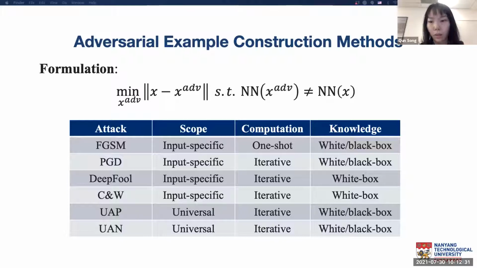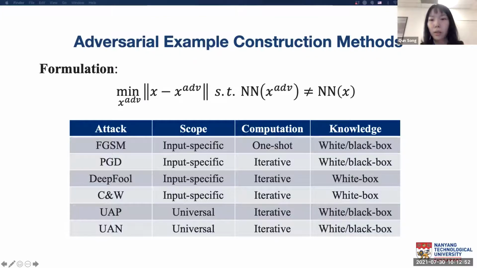The last column shows the knowledge about the target model required by the attack construction. The white box methods require full knowledge about the DNN's internals, including its architecture and weights. And the black box attack only requires the access to run the model without knowing its internals.